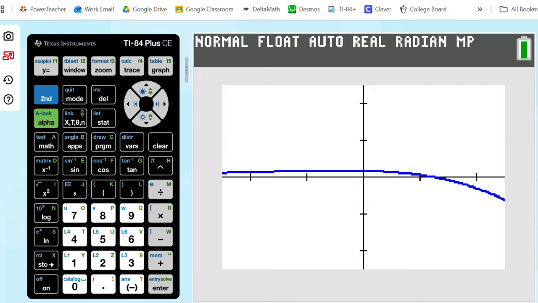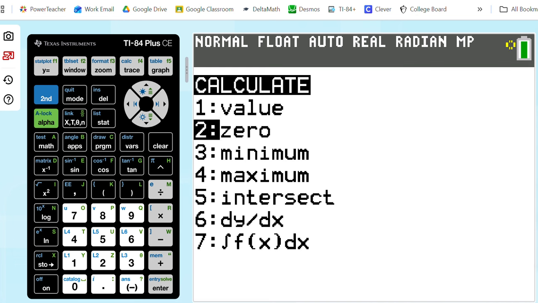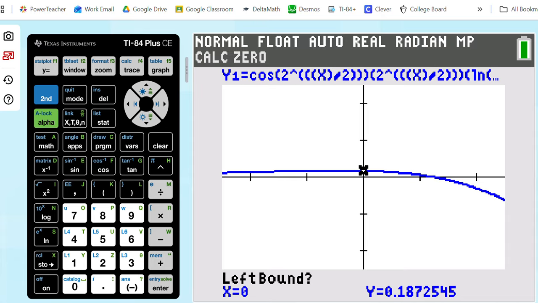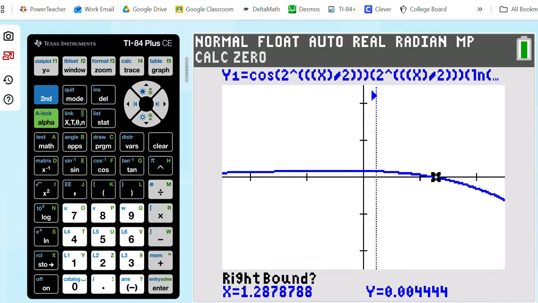So I probably should have reset my window, but it looks like the first time it equals 0 is just a little bit more than 1 over there. And so we'll just use second trace. We'll calculate the zero. And all right, I'm a little to the left. I'll hit enter. We'll go a little ways further till we're for sure a bit to the right.